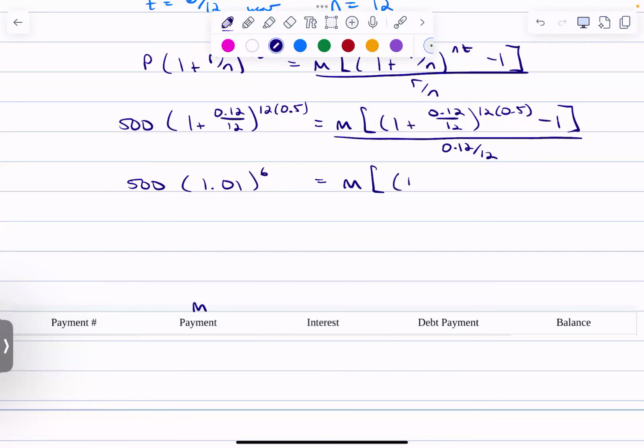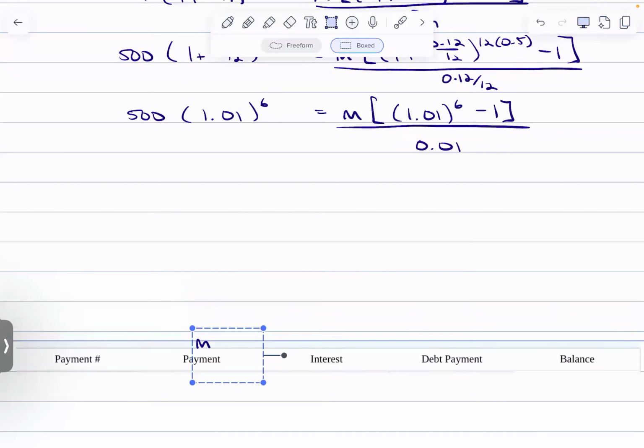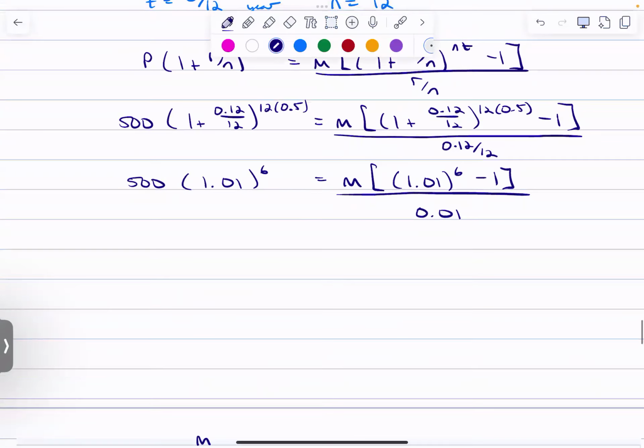M times 1.01 to the power of 6 minus 1 divided by 0.01. Times 500.